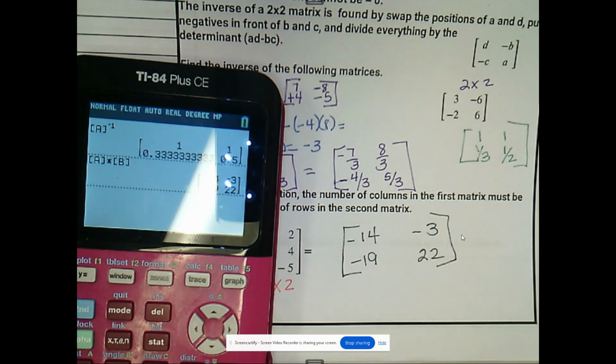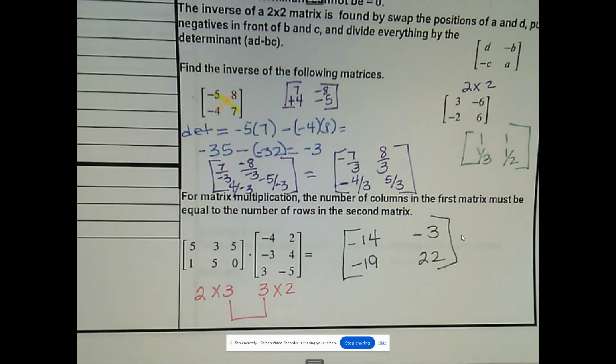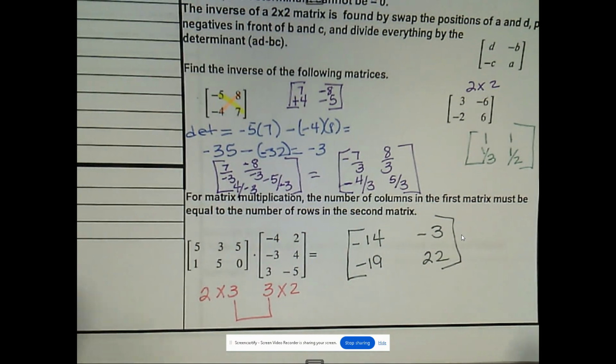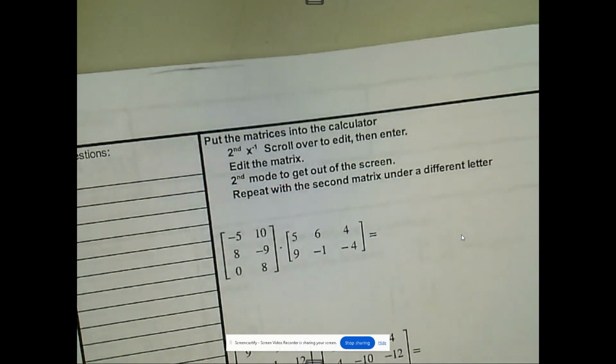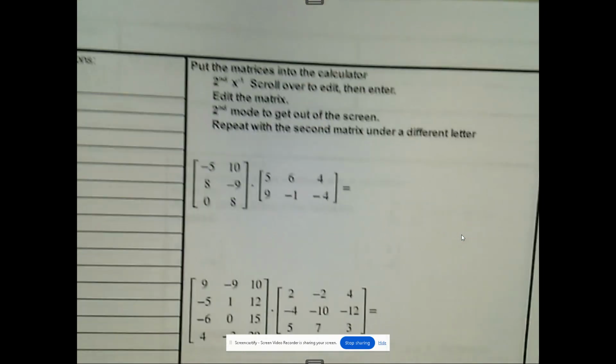So as you're looking at this, make sure that you are able to understand what it is asking for and how to do that. Okay, second page. It tells you how to do it.